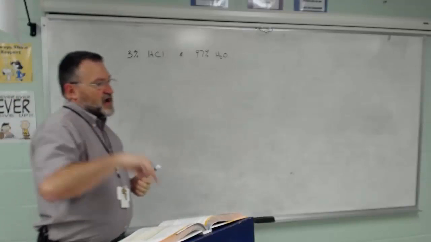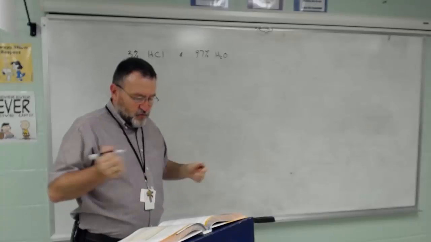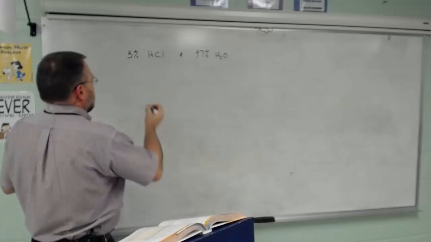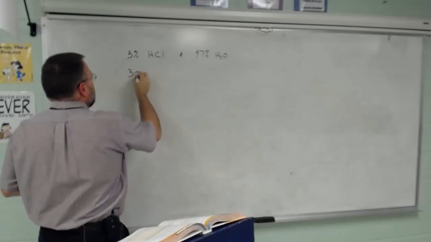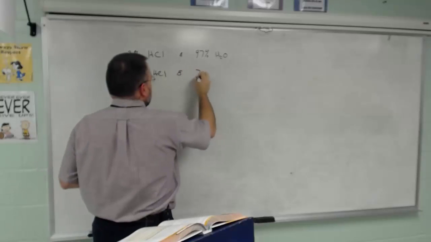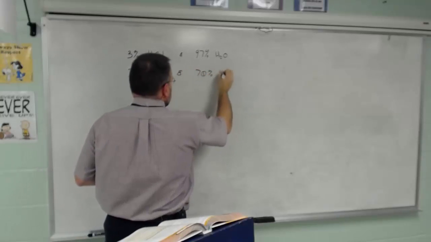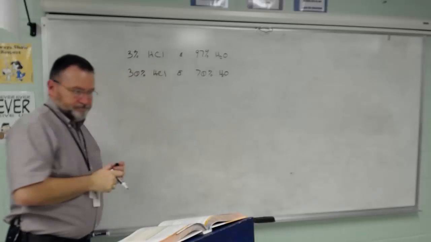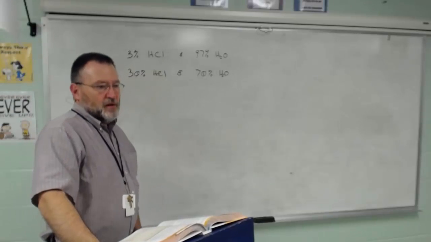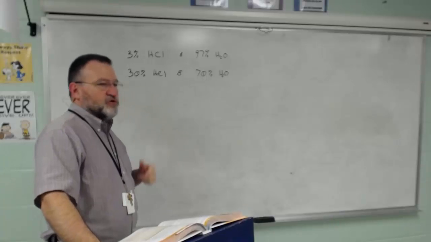You can also go to the hardware store and get what's called muriatic acid. Muriatic acid is a common name for a solution which is 30% hydrochloric acid and 70% water. Which do you think is more expensive?